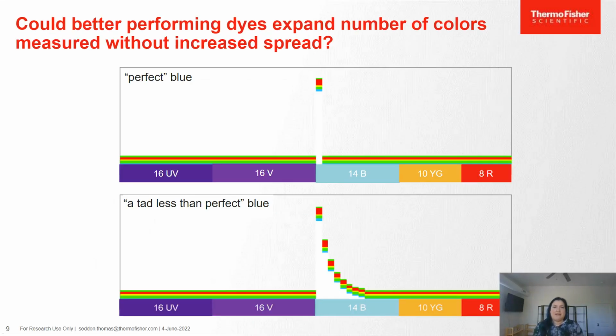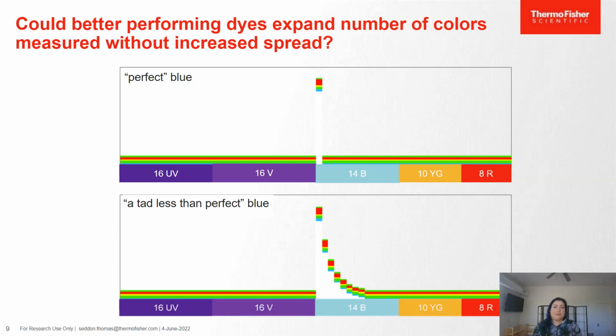So we stepped back and said, could we really design a better performing dye, and what would that look like? So there's an imaginary dye here, Perfect Blue, and you can see that that's showing up in one of the 64 detectors off of the Aurora. And then we have a tad less than perfect blue.